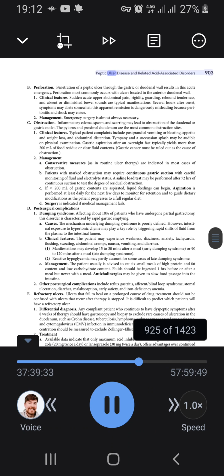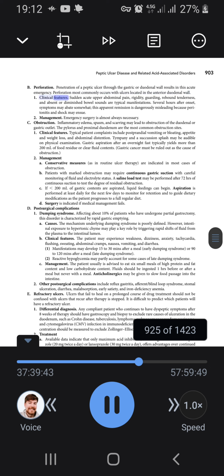Peptic ulcer disease and related acid-associated disorders, 903. B. Perforation. Penetration of a peptic ulcer through the gastric or duodenal wall results in this acute emergency. Perforation most commonly occurs with ulcers located in the anterior duodenal wall. 1.